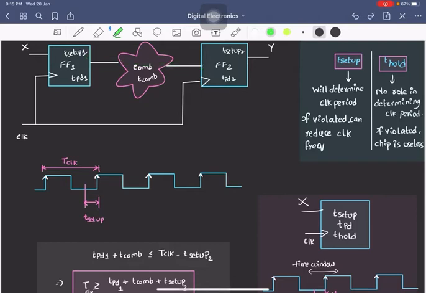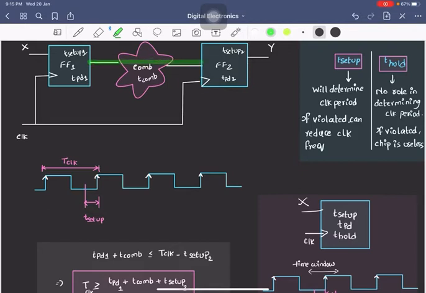The main point to remember is that whenever a circuit is given, in order to determine the clock time period or frequency of that circuit, you should identify the path such that it starts from a flip-flop and ends at another flip-flop. Now this is the path.